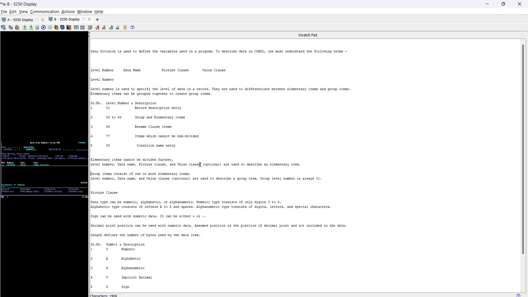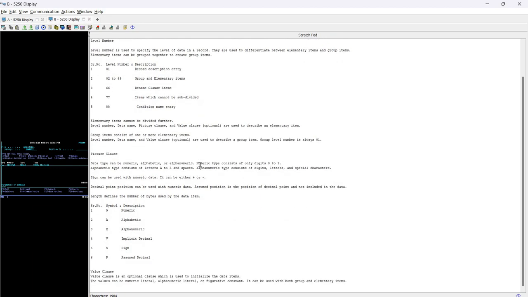Then we have picture clause. What is picture clause? You can say it is the main area where we decide the data type, length, and type. If you read the definition here, data type can be numeric, alphabetic, or alphanumeric.